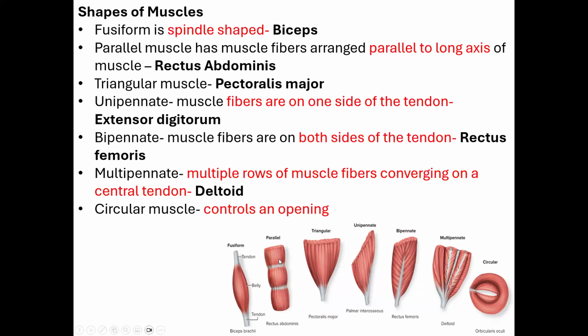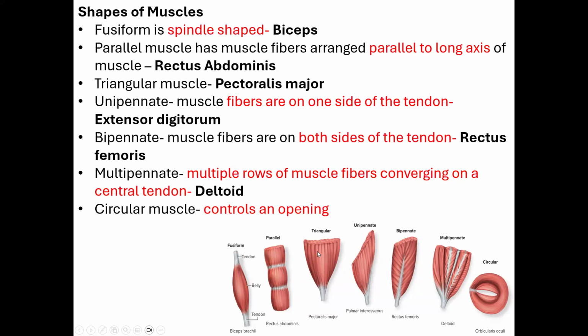If you look at your rectus abdominis, the abs, that's the muscle in the tummy, the abdominal muscles. If you're doing a lot of exercise there, you can develop a six-pack, right? And I'll tell you why the six-pack is happening. That'll be a parallel muscle.